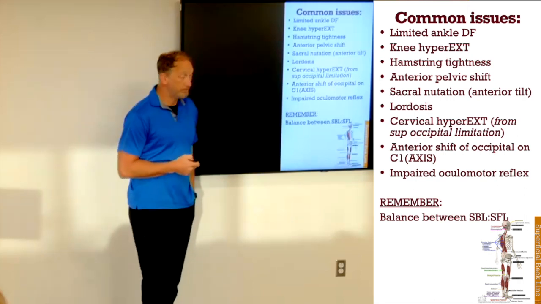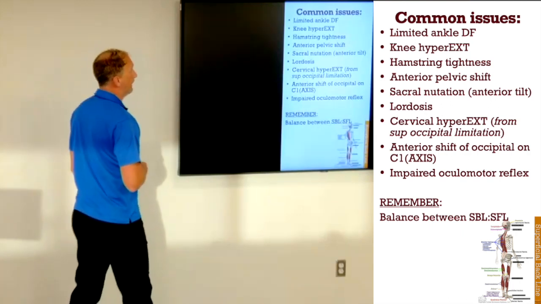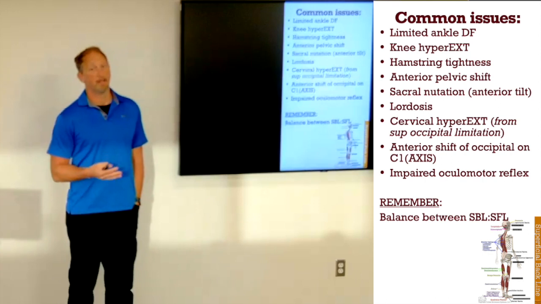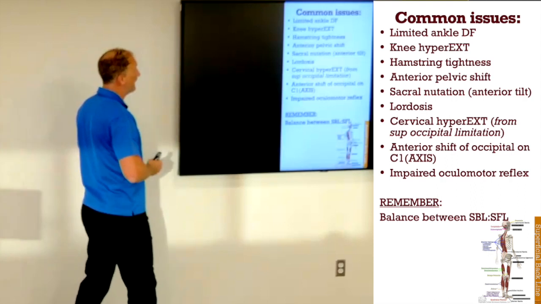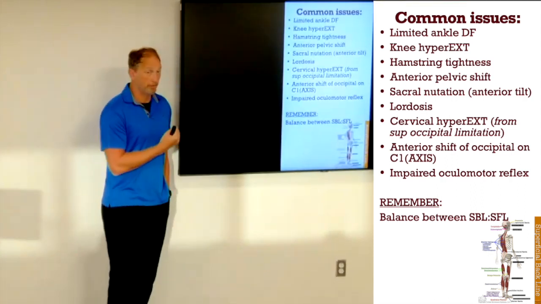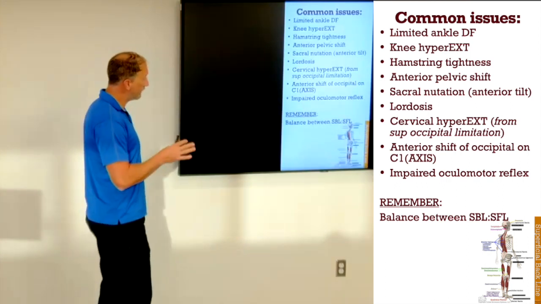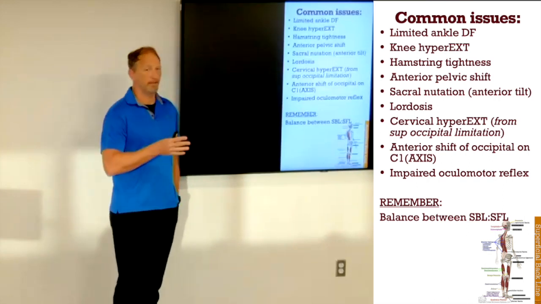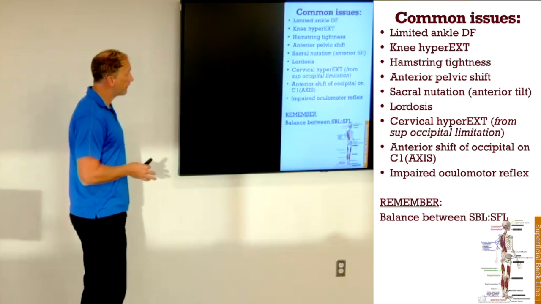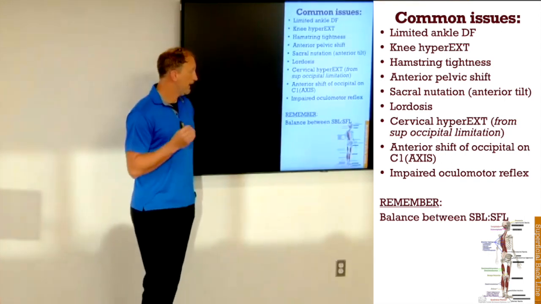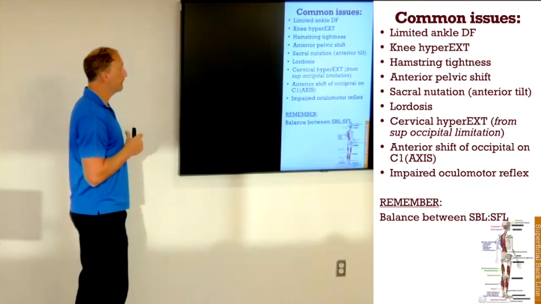We look at this list of issues. We see a lot of this stuff all the time. Dorsiflexion restrictions, hyperextension of the knee, recurvatum of the knee, short hamstrings, tight hamstrings, whatever you want to call it. We could throw weak hamstrings in there as well. Anterior pelvic tilt, sacral nutation, anterior tilt of the sacrum, lumbar lordosis, hyperextension of the cervical spine, anterior shifting of the skull on C1, so moving the head forward.